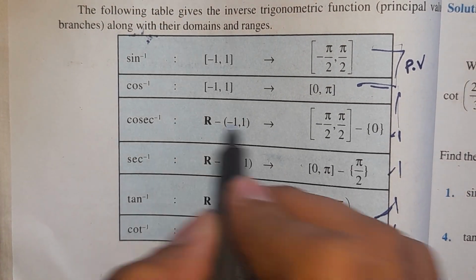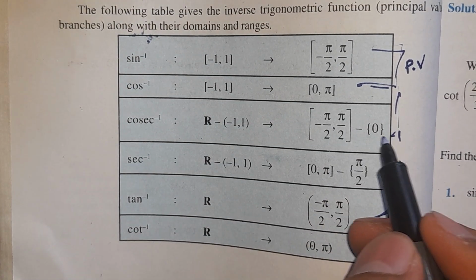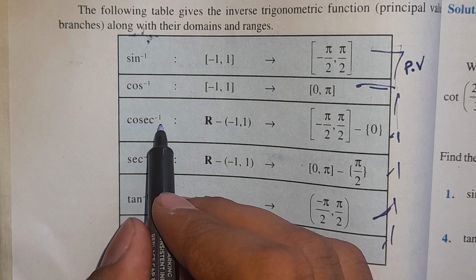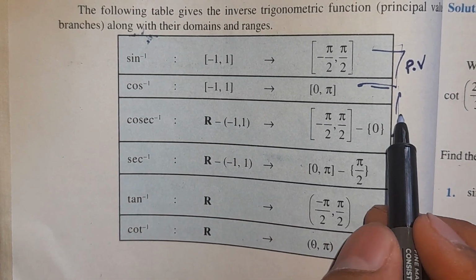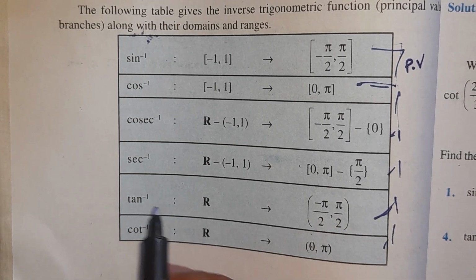Cosec inverse principal values lie between minus pi by 2 and pi by 2, except 0.